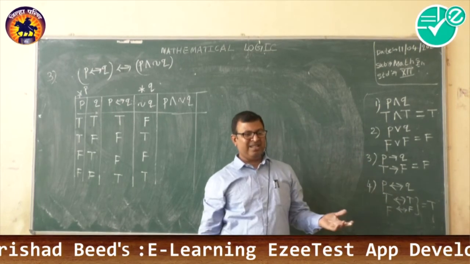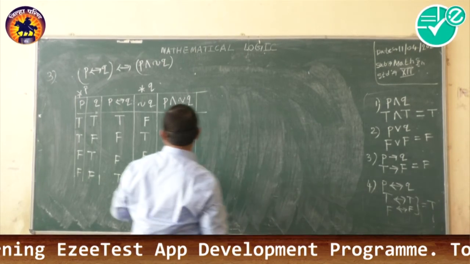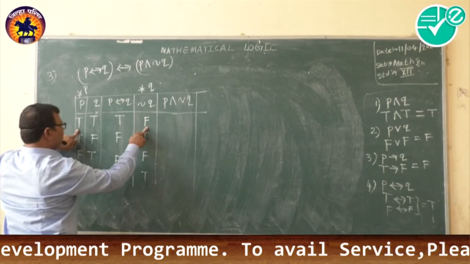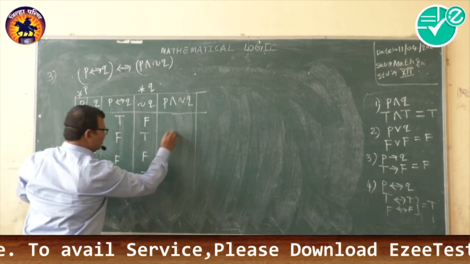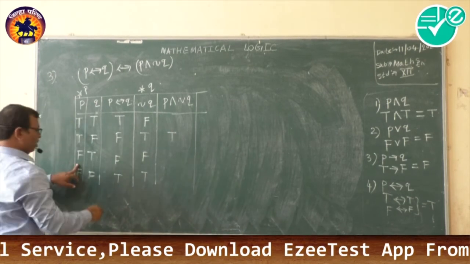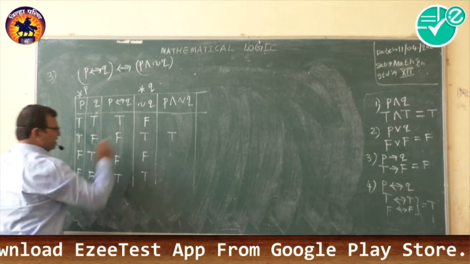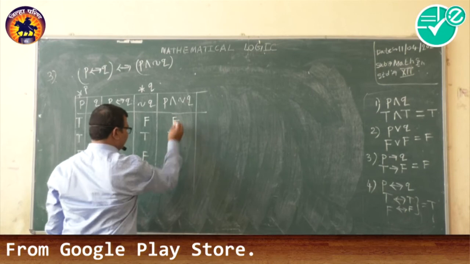In other cases, it is false. Therefore, here P is true, Q's first term is false, not applicable. Second one, true, true, then it will be true. Third case is false, false, false, true. Only the second one is true, all the others are false.